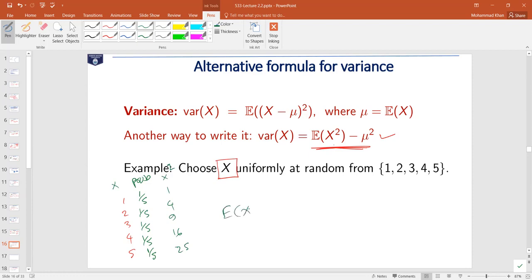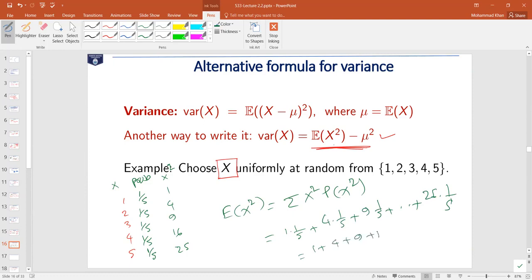Now the expectation of X squared, probability times X squared, means 1 plus 4 plus 9 plus 16 plus 25, divided by 5. That is 55 by 5, which equals 11.